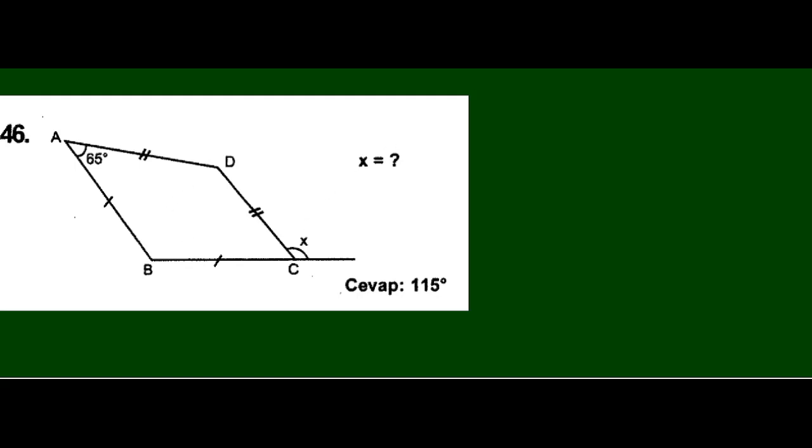The next problem, we already proved the angles that are equal, so this will be 65 degrees. We proved it already, so no need. If you missed it, you can replay and see the proof.